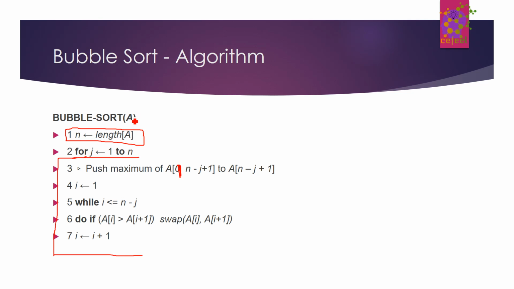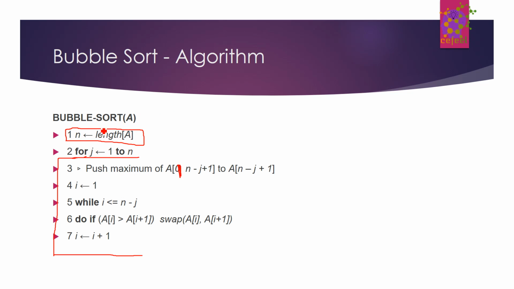Then we replace that to an in the first iteration, and then we increment j, which means we reduce the size of the array, and repeat the same process, so the next time the loop runs, it will be pushing the maximum from a1 to a(n-1), and so on.